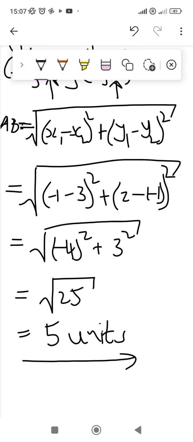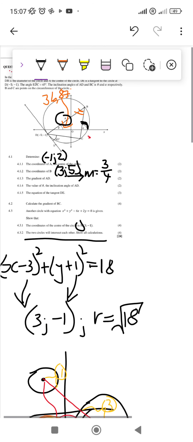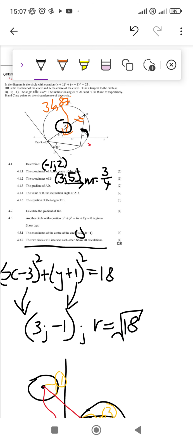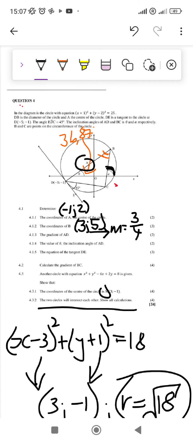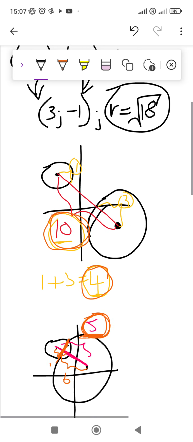Okay, the second thing that we said was we want to determine the sum of the radii. So let's go back quickly and see what the radii of my circles are. That's the one, and the other one was this 25, well, square root of 25, so r is equal to 5 here. So the one is 5 and the other one is square root of 18.